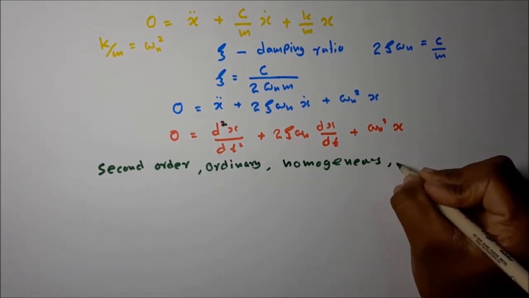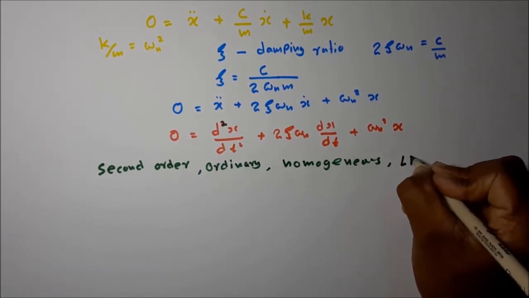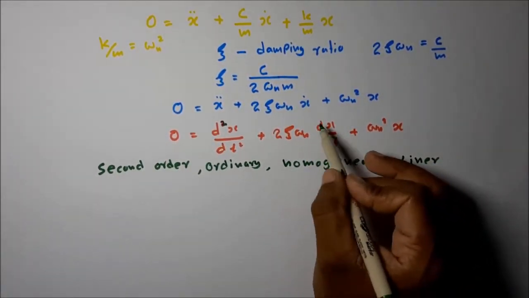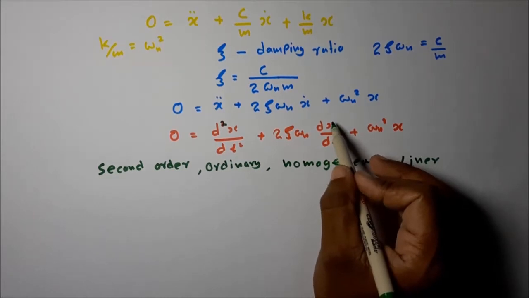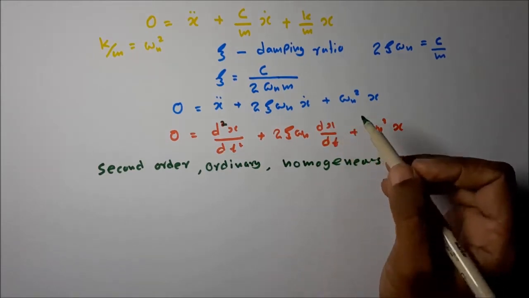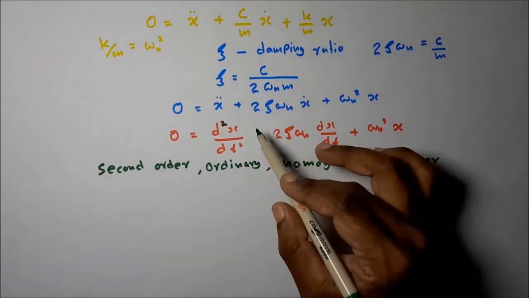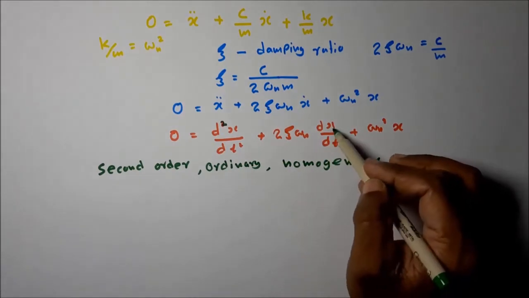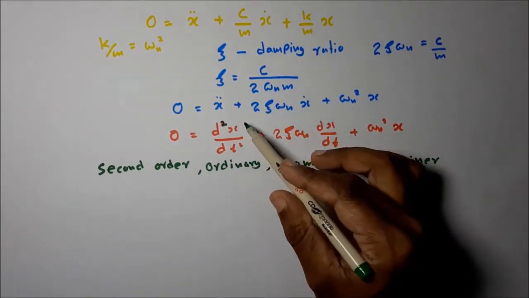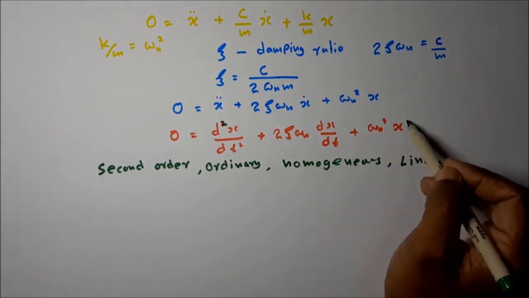It's also linear. Linear means the dependent variable and its derivatives are of degree 1. This is degree 1, this is also degree 1, this is also degree 1.